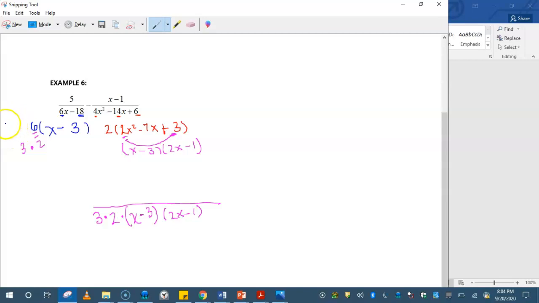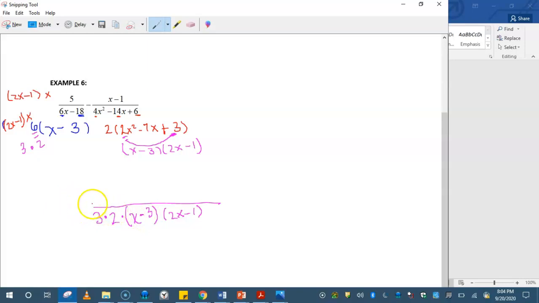So I'm going to multiply both numerator and denominator by 2x minus 1. Okay, so I'm multiplying the denominator by that and the numerator by 2x minus 1. All right. When I do that, the denominator just turns into our LCD.